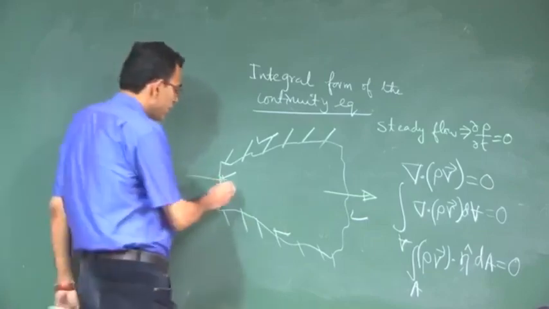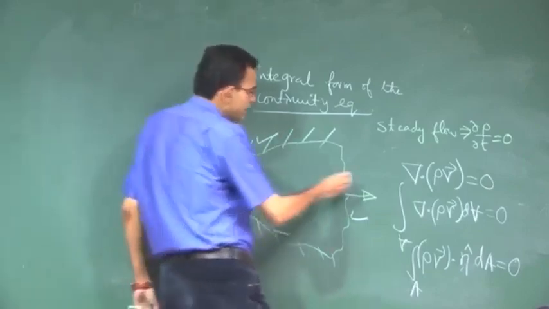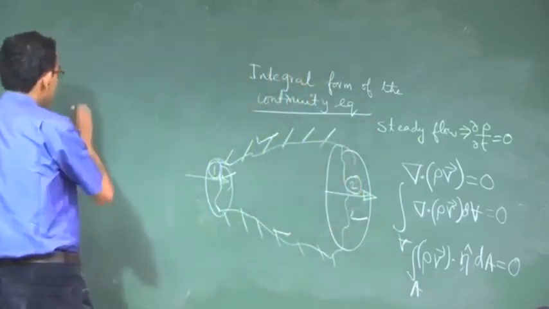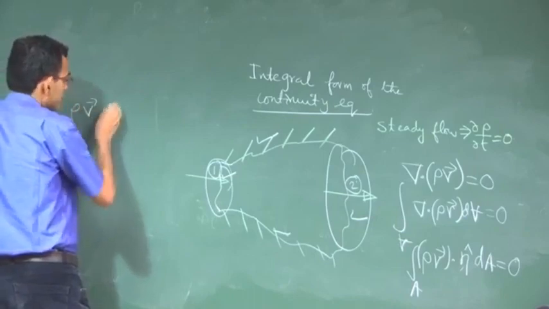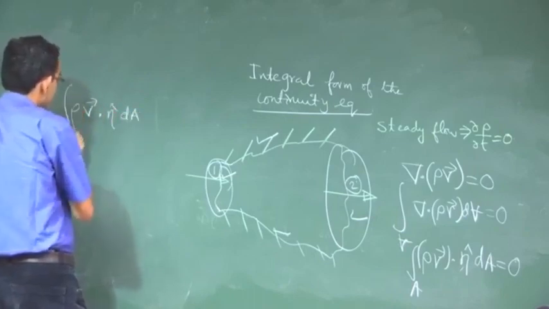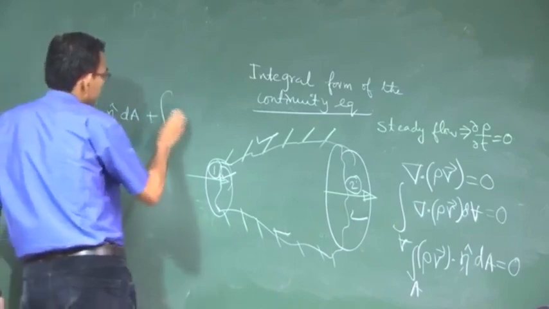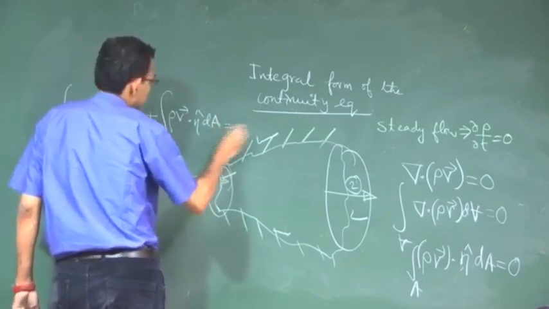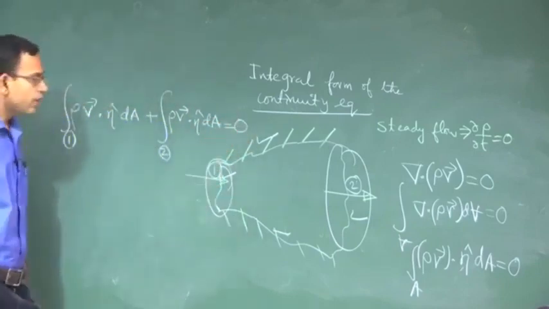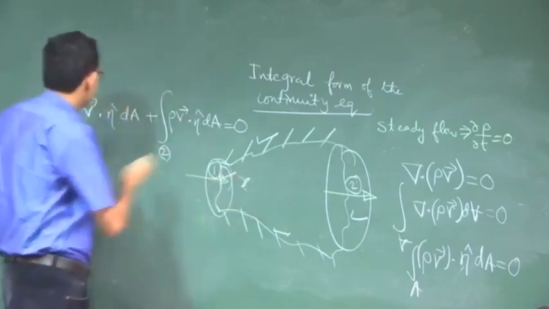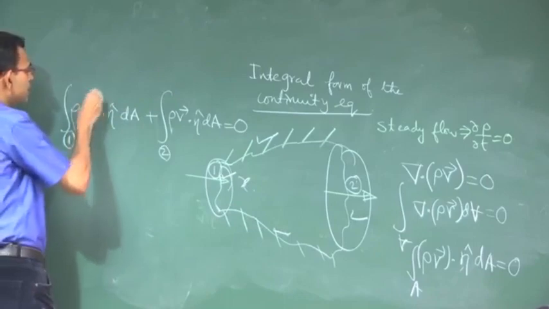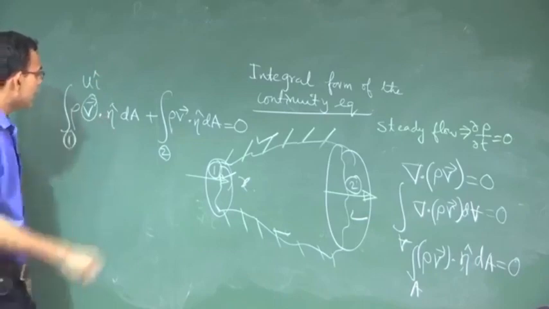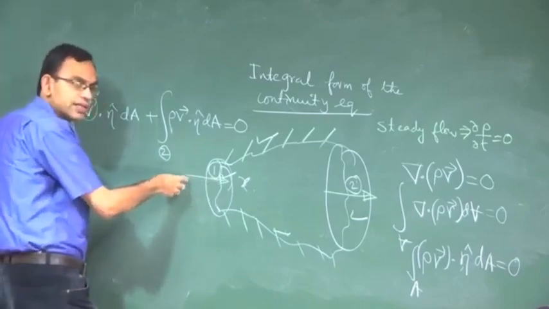So if you call this area 1 and this area 2, then for area 1, this is the x direction, V is u i because it is unidirectional flow, and n is the unit outward normal to this, which is minus i cap.